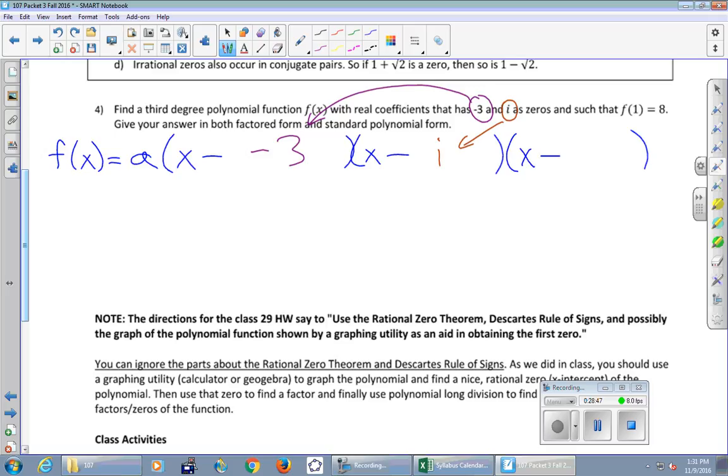Remember what we said is that if you have something like 3 plus 4i as a 0, then automatically 3 minus 4i. If you have a single i, okay, I'll stress, it's a plus and it's a 0. What's the conjugate of 0 plus i? It's 0 minus i. So -i is the other piece.